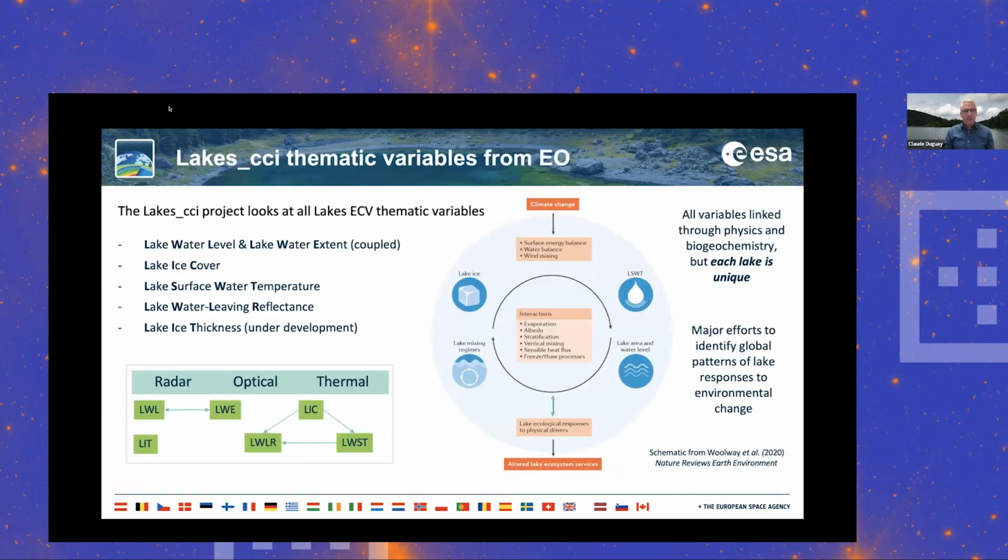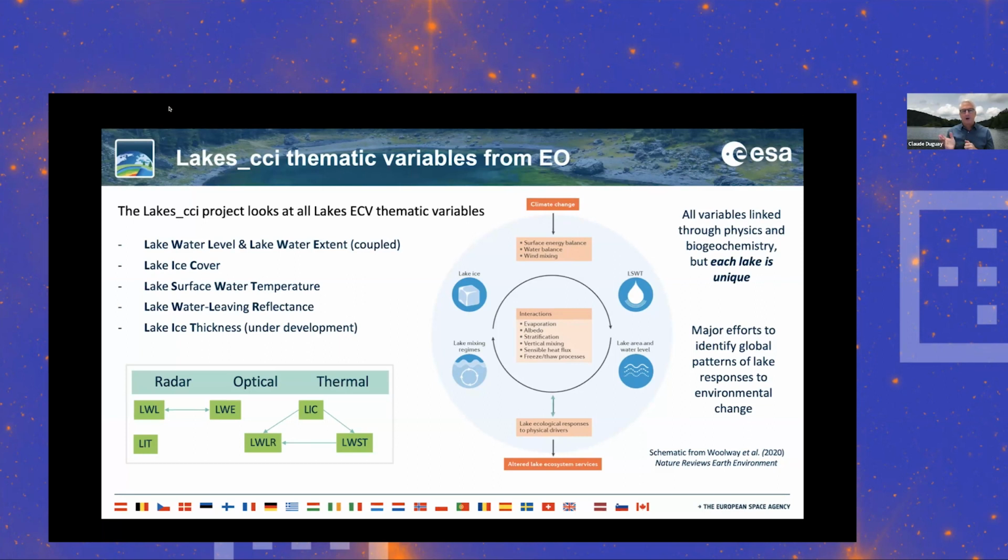So to provide you with a first overview before moving to the details for each of the variables, on the bottom left we have LWL, the lake water level, which is derived from radar altimetry measurements. Below that is LIT, the lake ice thickness, which is also derived from radar altimetry.